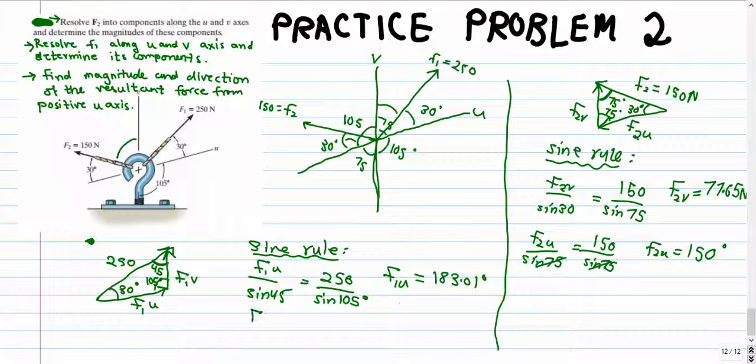Similarly, for the other component, F1v over sine of 30 degrees should be equal to 250 over sine of 130 degrees, and we get F1v equals 129.4 newtons.